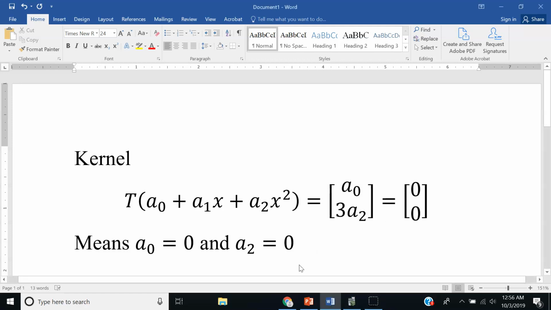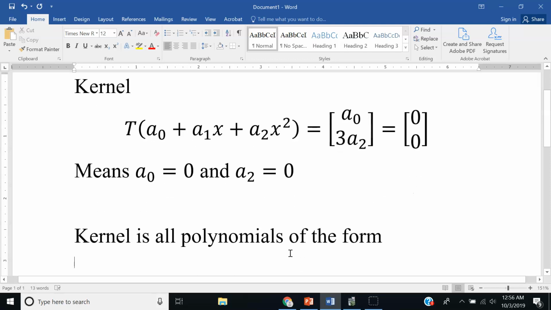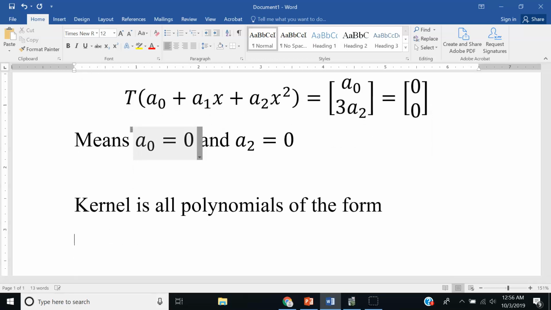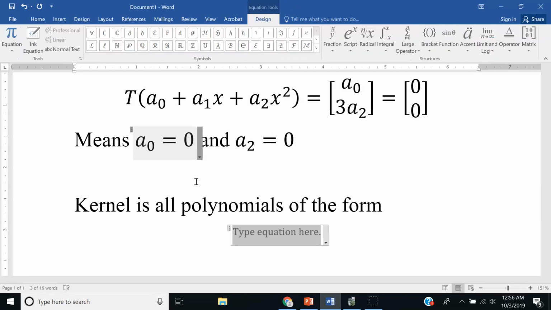So the kernel of this transformation is all polynomials of the form, well, what form would it have to take? The a0 would have to be 0. The a2 would have to be 0 as well. Notice a1 could be anything it wants to be.